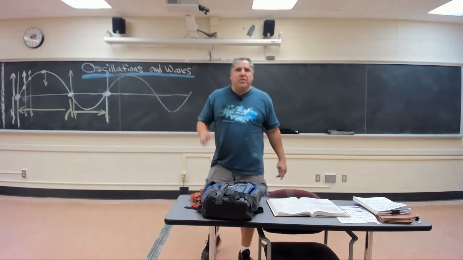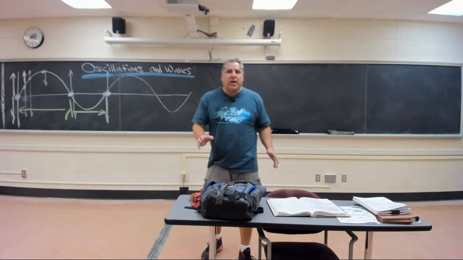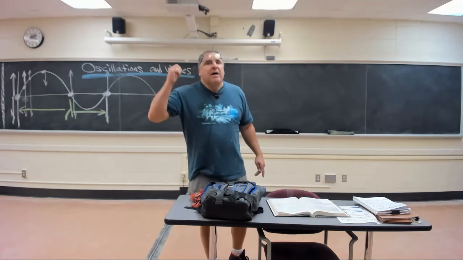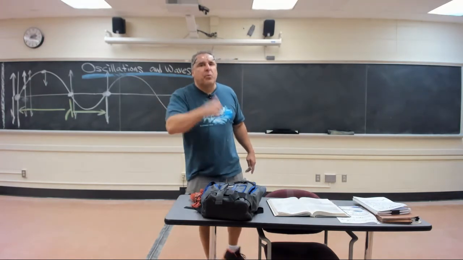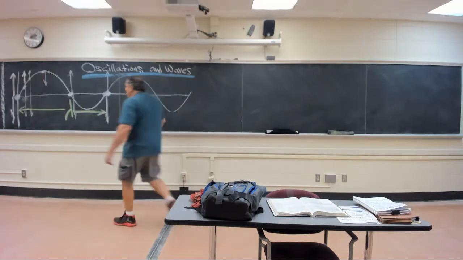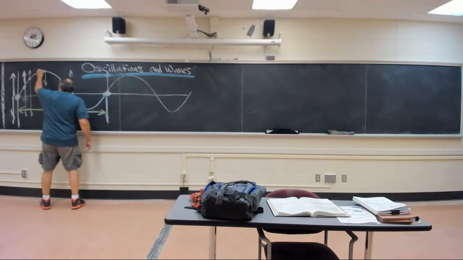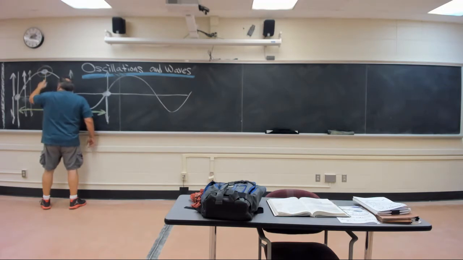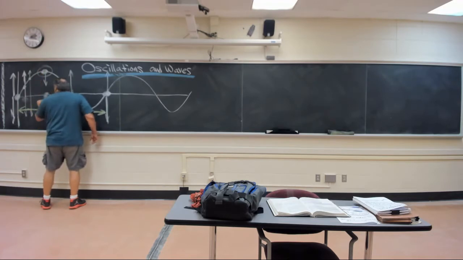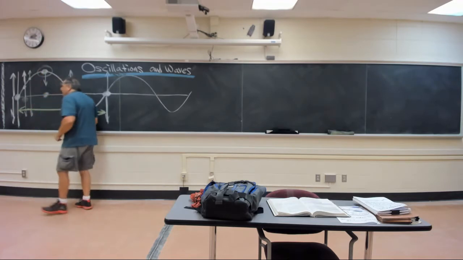Wherever you are, the sum of the kinetic energy and potential energy is constant for every single particle on this rope. What does that mean? That means right here, the potential energy plus kinetic energy is equal to some energy E. And down here, it's the same energy. As it's going through here, it's also that.